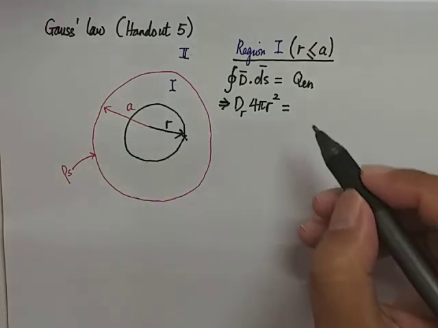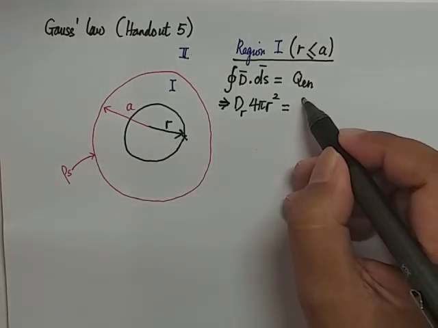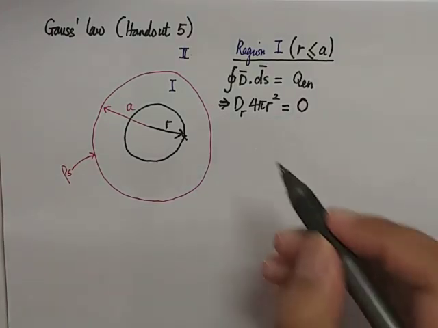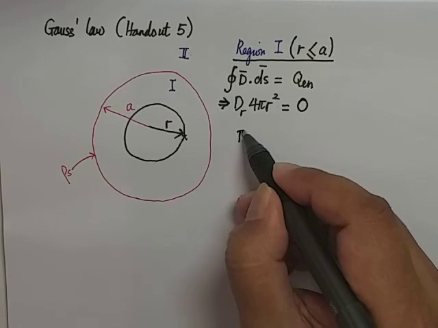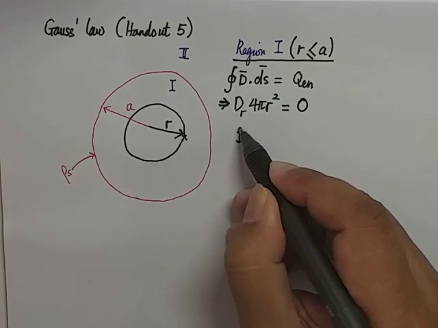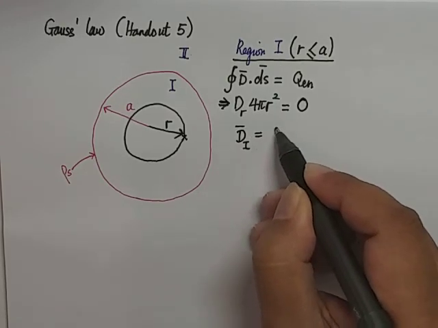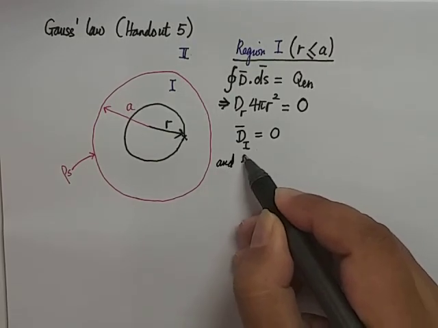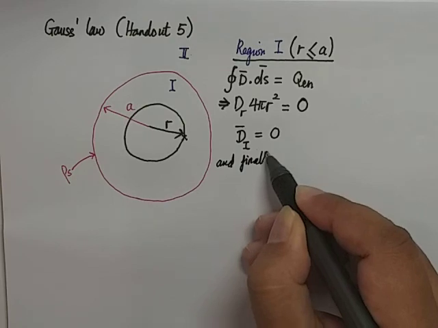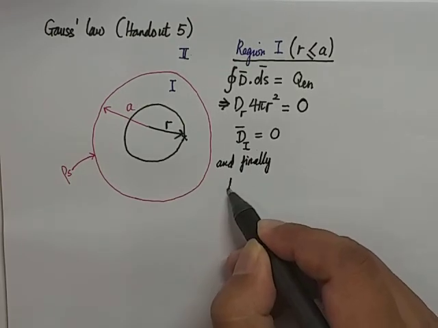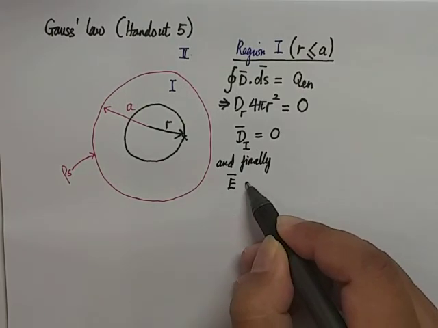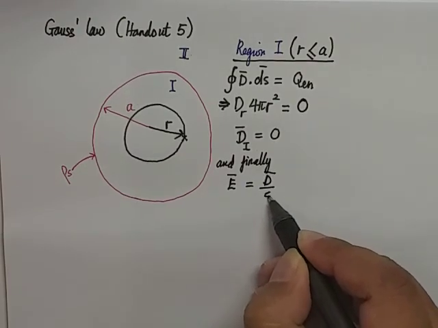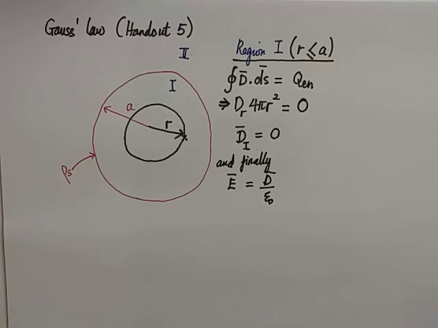Due to that reason, we're going to say that the Q enclosed will be equal to 0. And from here, we're going to say that D in region number 1 will be equal to 0. And finally, we know that E equal to D divided by epsilon naught, assuming the medium is free space.